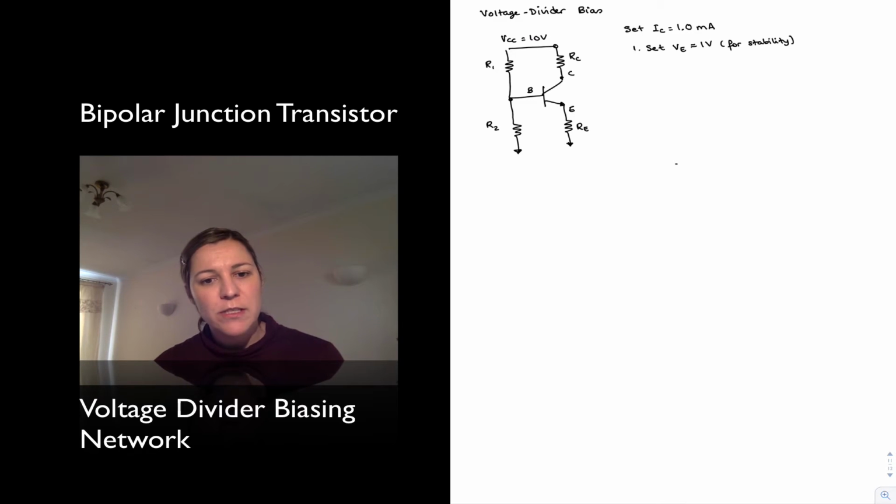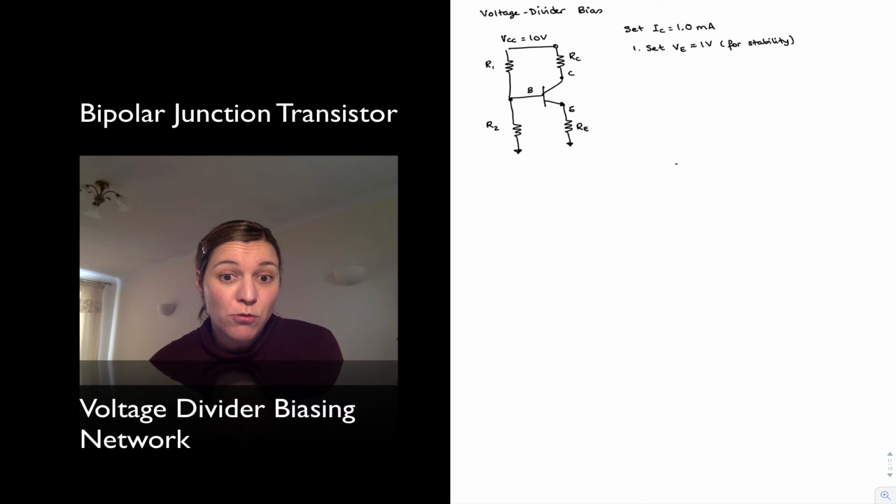And so 1 volt just seems like a good trade-off between keeping still a significant portion of your output signal swing and gaining that stability. After that, the amount of stability that you gain does not justify the loss in signal swing. So we're going to use 1 volt as a rule of thumb.